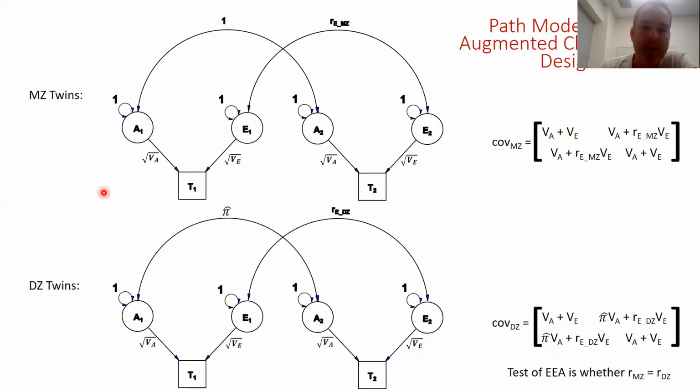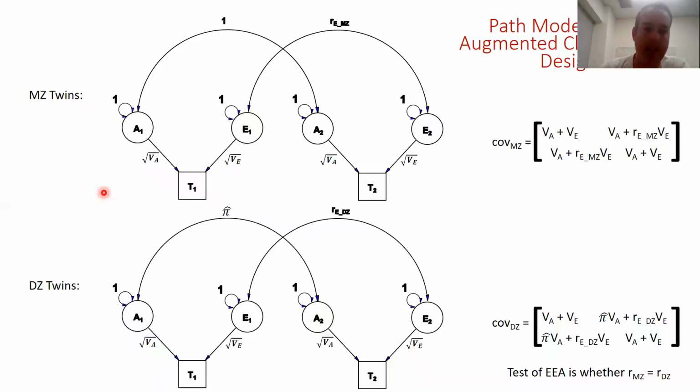So that was a variance components formulation of our new model. A completely equivalent way to fit the same model is using a path coefficients framework. So you would have seen something similar earlier on in the week where you were comparing the path coefficients formulation of the classical twin model with the variance components formulation.